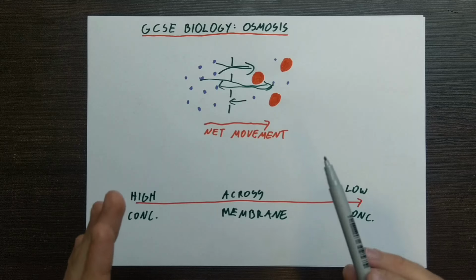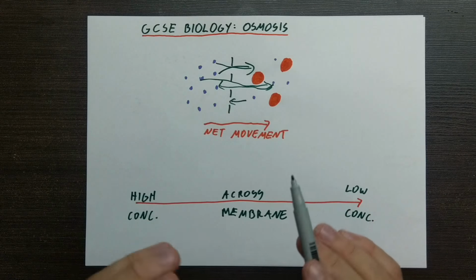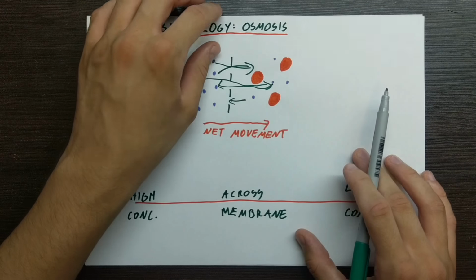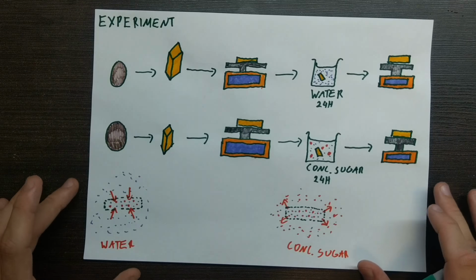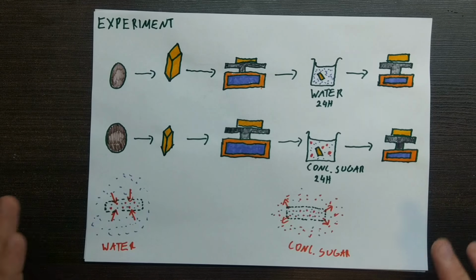It works the same way, but it concerns different molecules. Okay, so this is how osmosis works. Now I will quickly show you an experiment that's often used to demonstrate this phenomenon of osmosis.